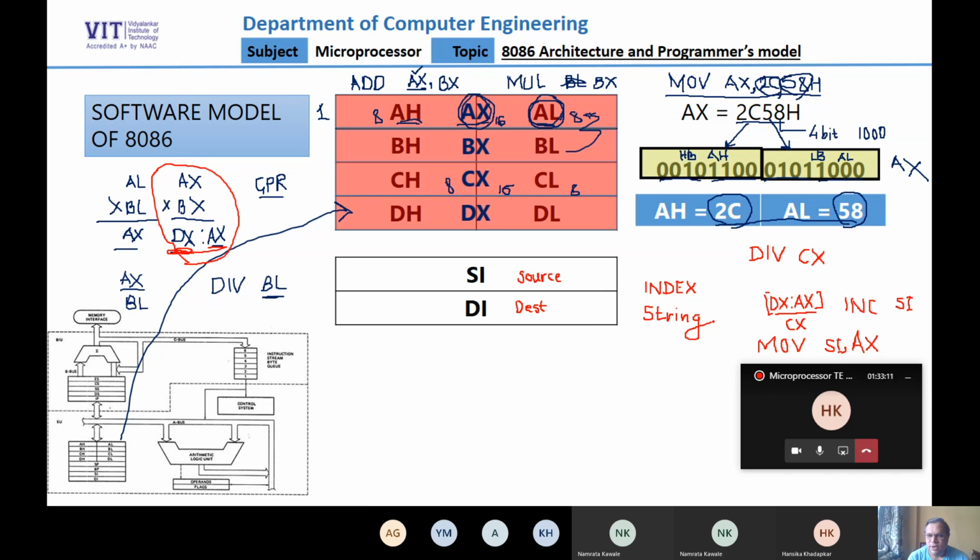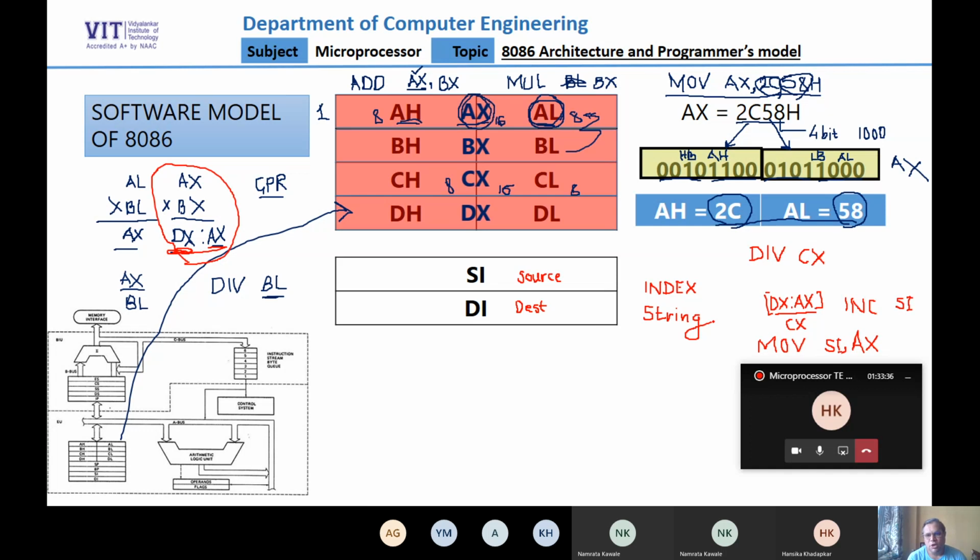So you know a string is going to be an array, a character array. Whenever we want to store and process a string, we require an array of characters. The first character will be stored at index 0, and the last character is stored at the last index, that is n minus 1, if the length of the string is n characters. Then one by one we can pick the character and process it.